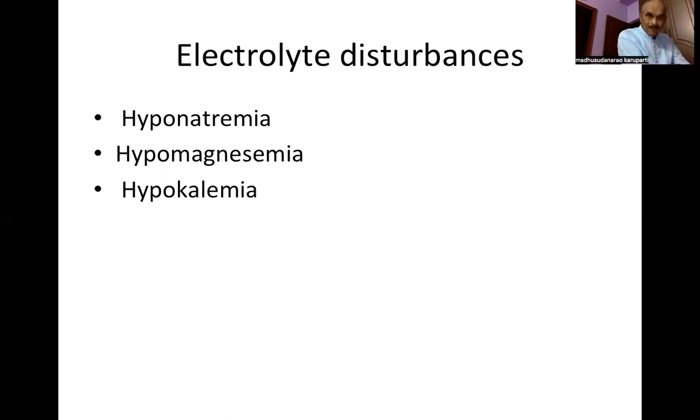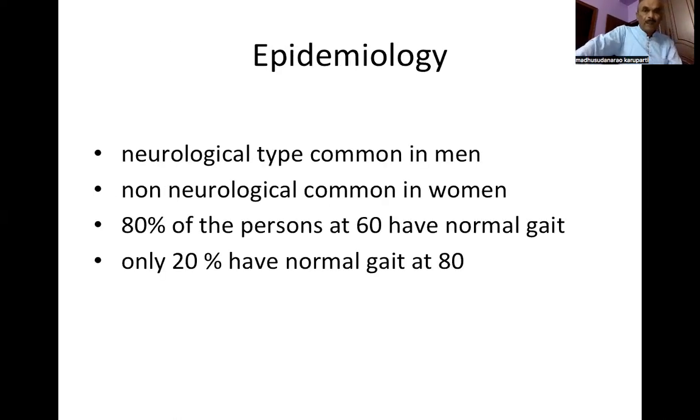There is movement of the fluid from the intracellular compartment to the extracellular compartment, thereby causing neuronal damage. Hypomagnesemia and hypokalemia also cause weakness of the muscles, thereby causing disturbance in the gait.